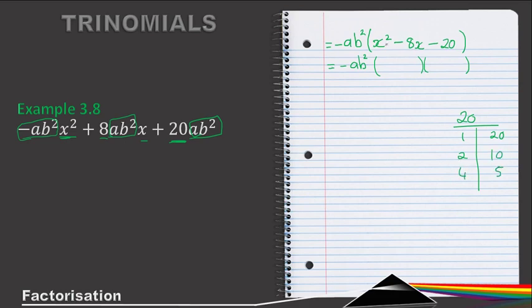So I want to get negative 8. Now these two together give 21 or 19, these two give 12 or 8, and I am looking for 8. Now to get negative 8, I must say minus 10 and plus 2. That would give me negative 8. So I'm going to say x plus 2 and x minus 10.